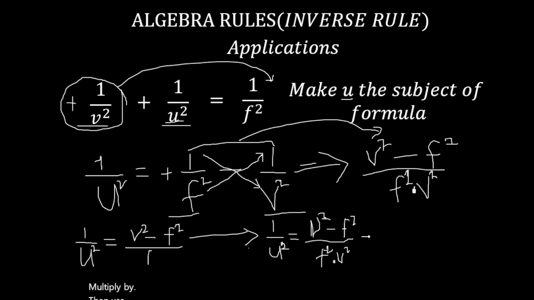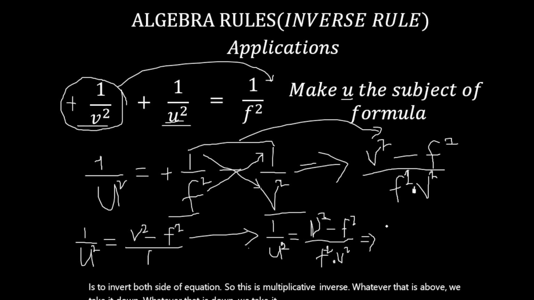So what do we need to do? The next thing that we need to do is to invert both sides of the equation. So this is multiplicative inverse. Whatever is above, we take it down. Whatever is down, we take it up. So automatically we are going to be having what?